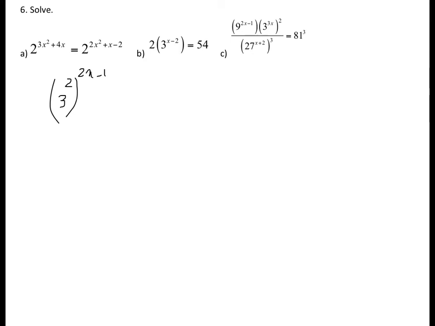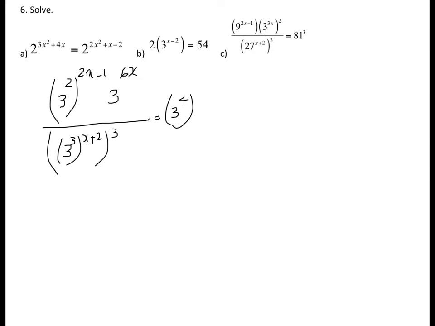The next one, I can write this guy as 3 exponent 2 times 3x is going to give me 6x divided by 27. I can write as 3 exponent 3, and then exponent x plus 2, and the whole thing exponent 3. And this guy I can write as 3 exponent 4, and then exponent 3.